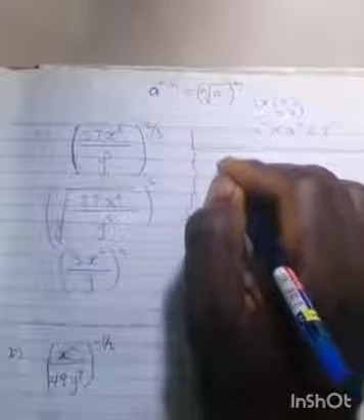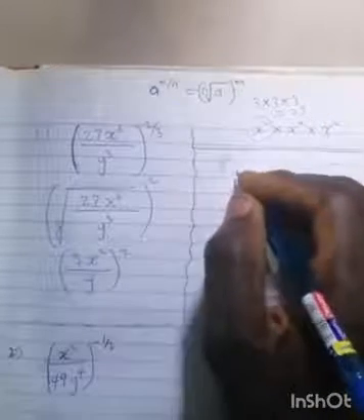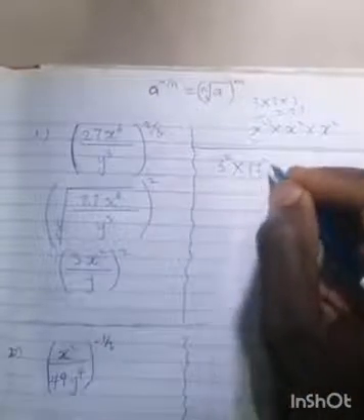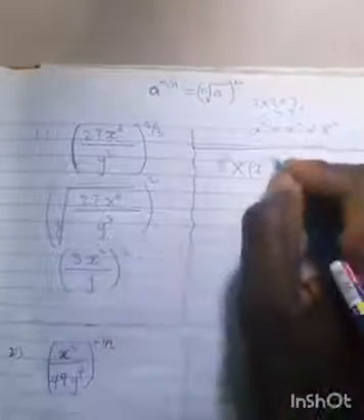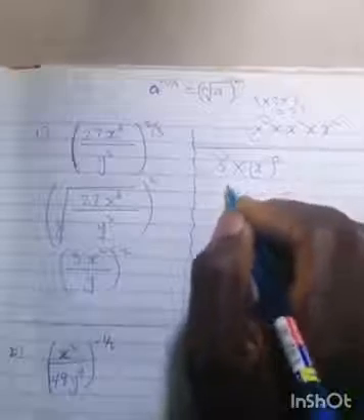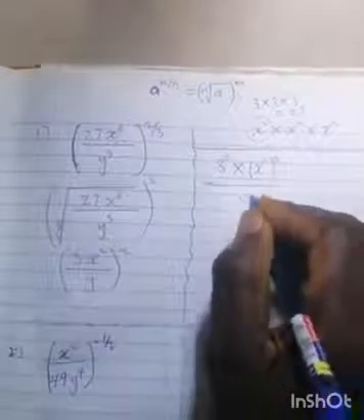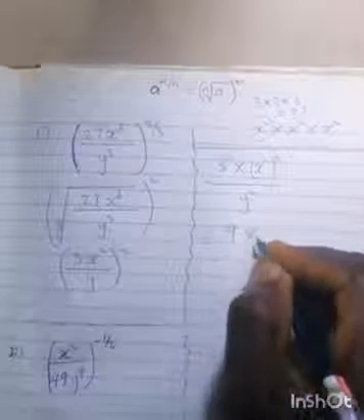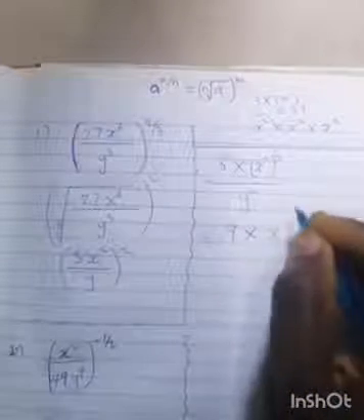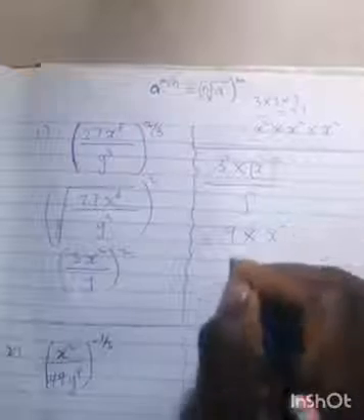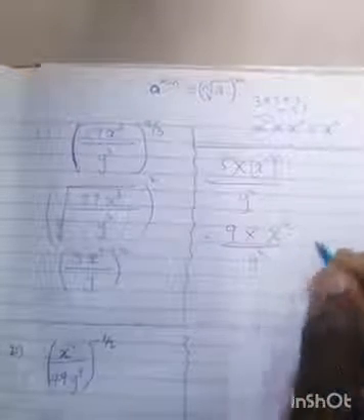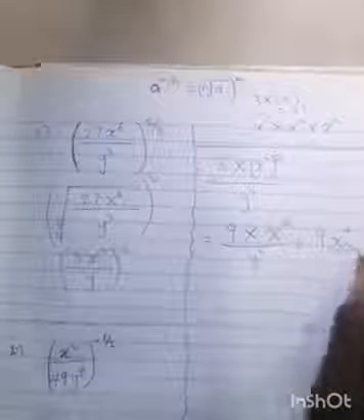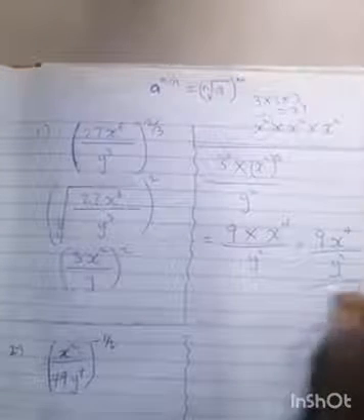So let's separate it. 3 raised to power 2, x raised to power 2 which is now raised to the power of 2, and all over y raised to power 2. That gives me 9, and 2 times 2 gives me 4, so my final answer will be 9x raised to power 4 over y raised to power 2.